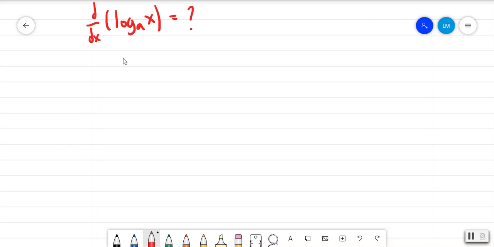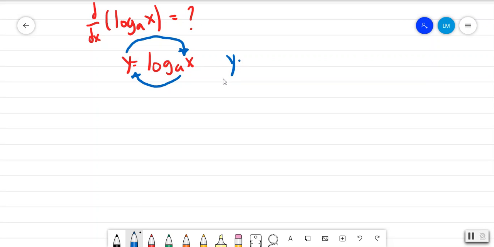Well, I know that y equals log base a of x, but I also know that it has an exponential form. So in this case, we'll rewrite this as a to the y is equal to x.